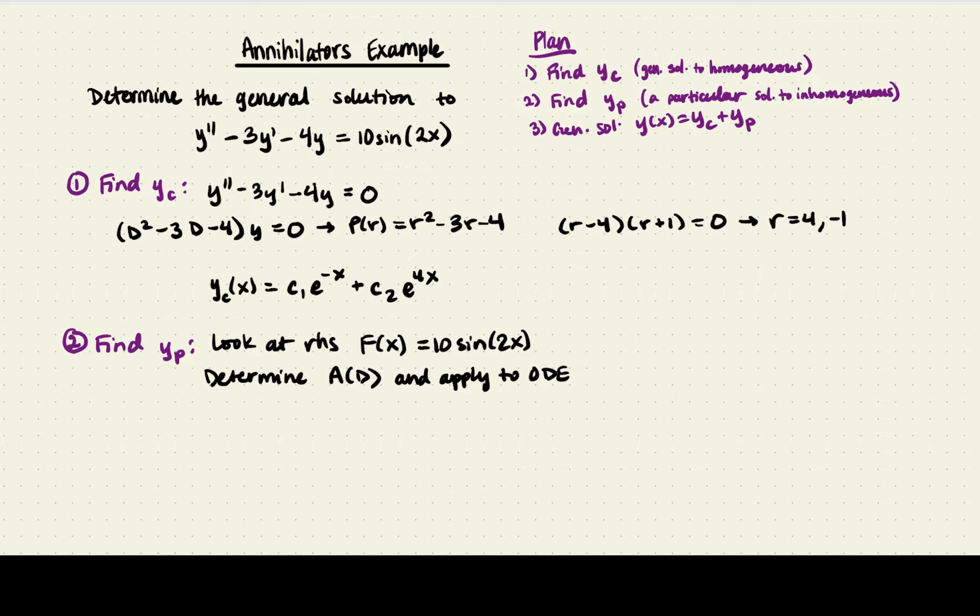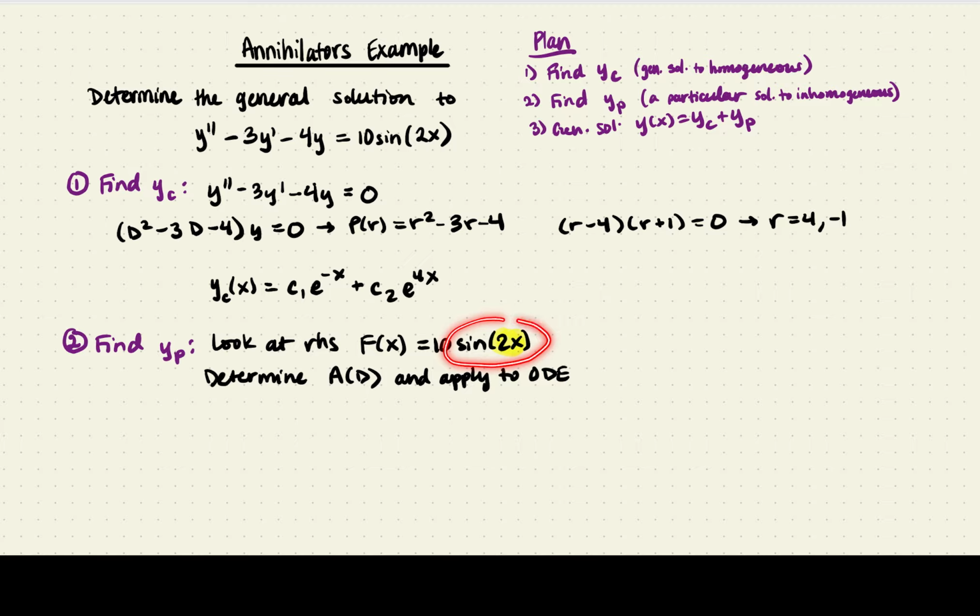The way we determine an annihilator is to look at, for a sine or a cosine function, what's multiplying x inside that function. Here we have a 2, and we want to think about what polynomial differential operator, if I was solving a homogeneous differential equation, would lead me to get a solution of this form, sine 2x. We don't really need to worry about the 10 here.